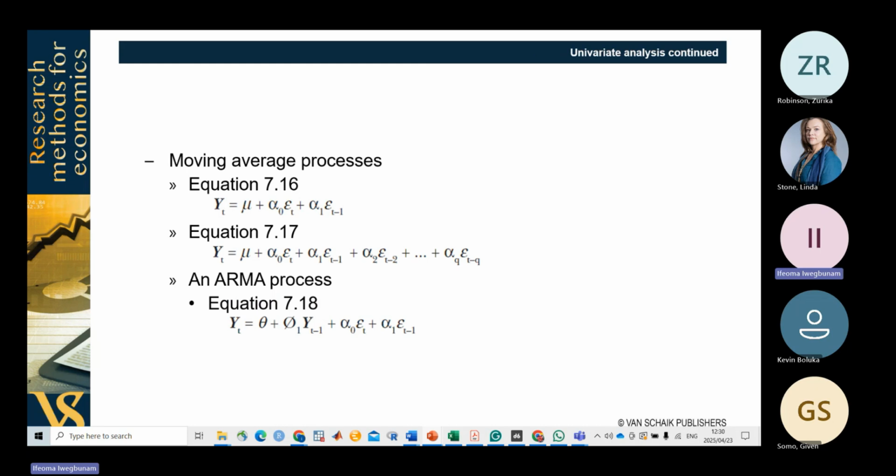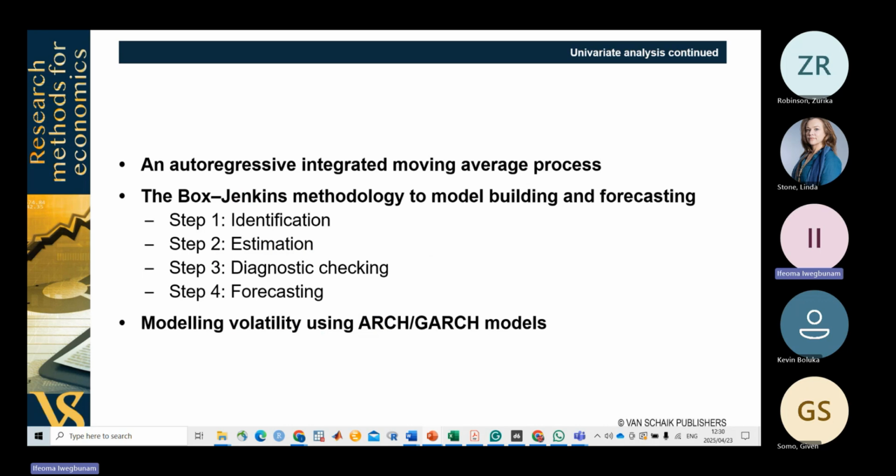You can also check whether moving average processes can fit your data. Then there is the issue of autoregressive moving average, where you observe the Box-Jenkins methodology in model building and forecasting.